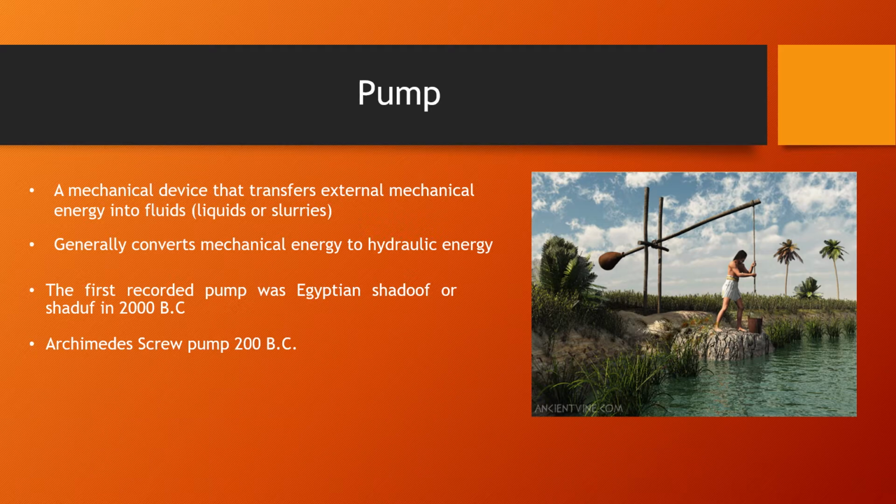The very first case of pump was back in 2000 BC, where the Egyptian shadoof was discovered. That is basically a counterweight was used on one end and a bucket was used on another end to actually lift water from a well to a higher level.